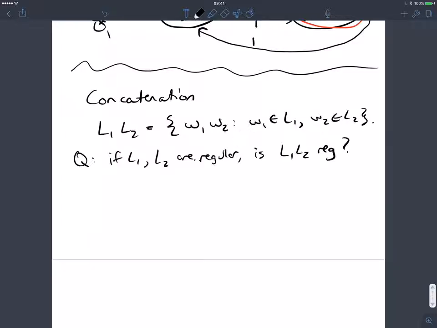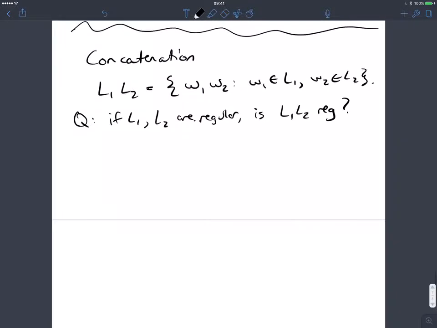So maybe we can go along a similar strategy to what we did before. What we're presented is this string W1, W2, and I'm going to put some middle part in here, W(i-1), Wi, W(i+1), all the way to WN.